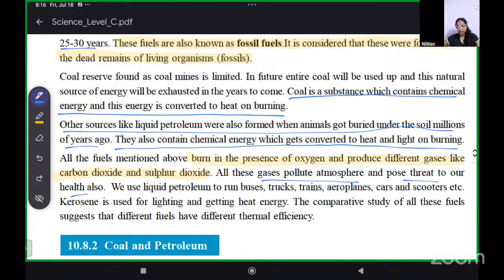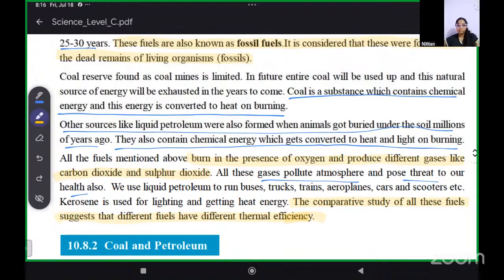The comparative study of all these fuels suggests that different fuels have different thermal efficiency. Means different fuels have different ignition temperatures at which they heat up, and different capacity of producing heat.